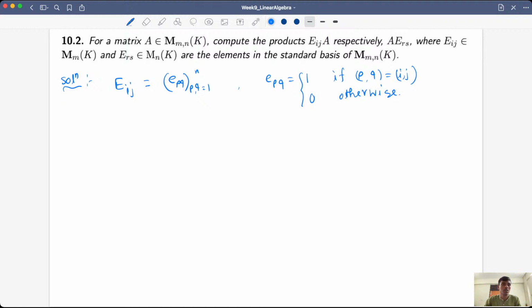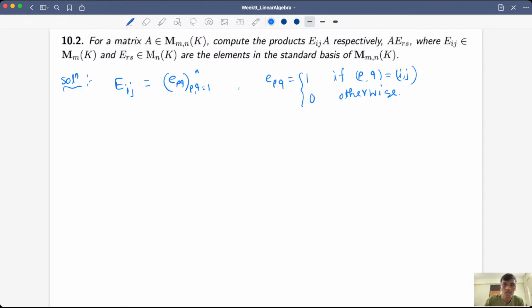Similarly for ERS, only the entry in the RS position is 1, and every other entry is 0. Then that is the standard basis of any m cross n matrix over K.